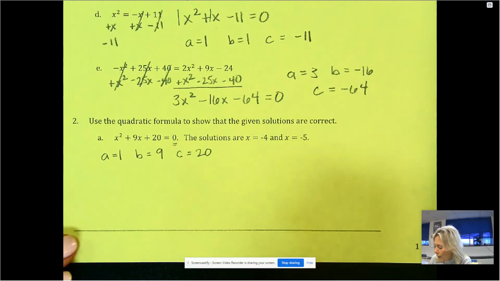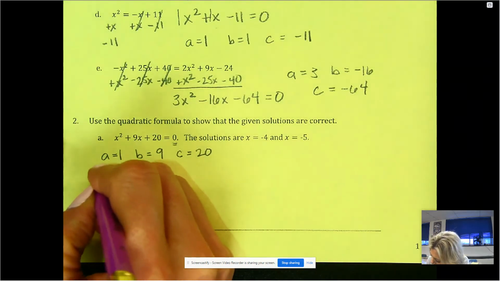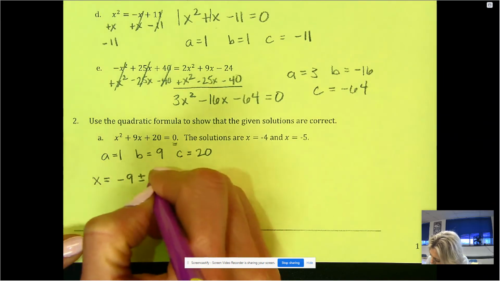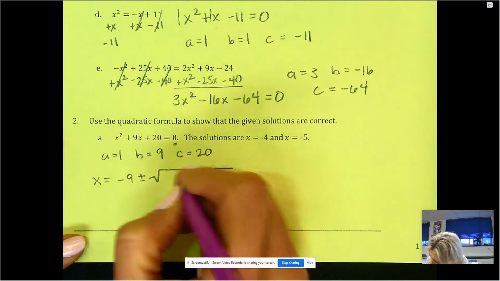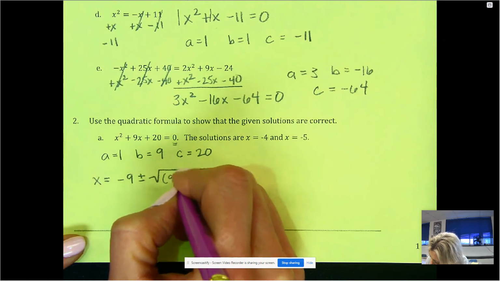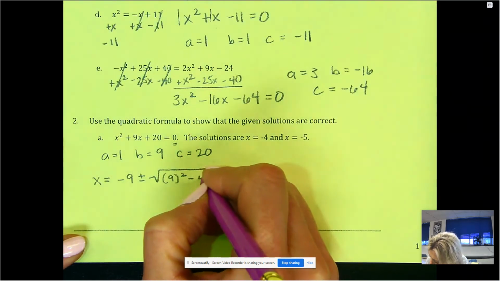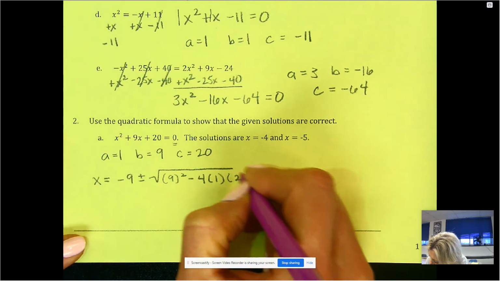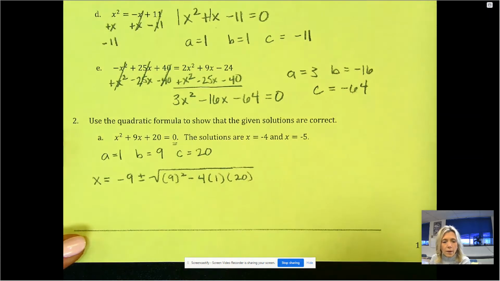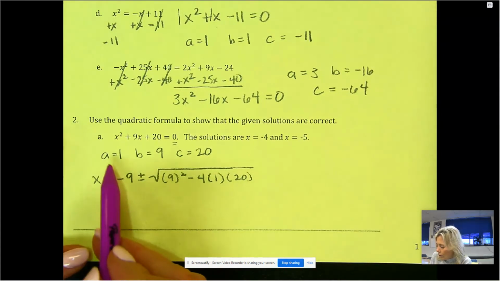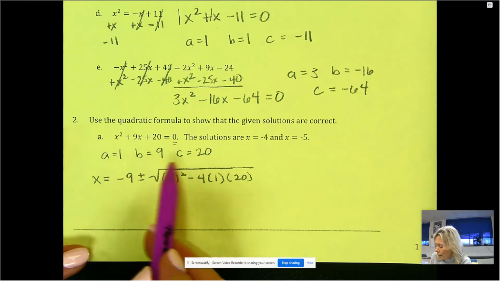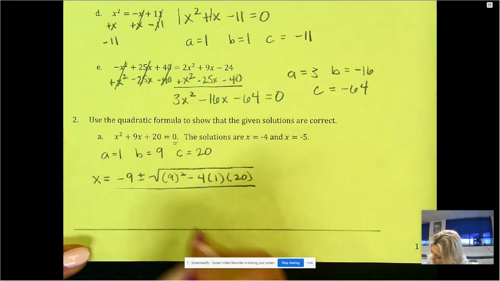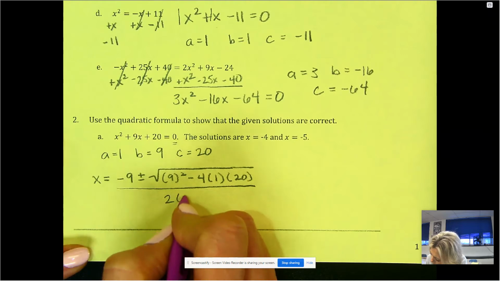And so we just set up the formula. X equals negative B plus or minus the square root of B squared minus 4 times A times C. So I'm just using the number values that I already defined as A, B, and C. All over 2A, 2 times 1.